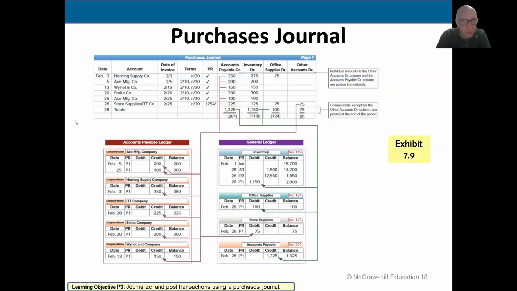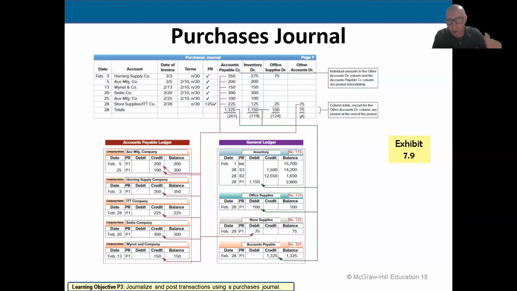This next area represents all of the purchases that our company made to purchase inventory. We call this a general purchases journal. It shows us all of the purchases of inventory from our various suppliers that we've made for the month.